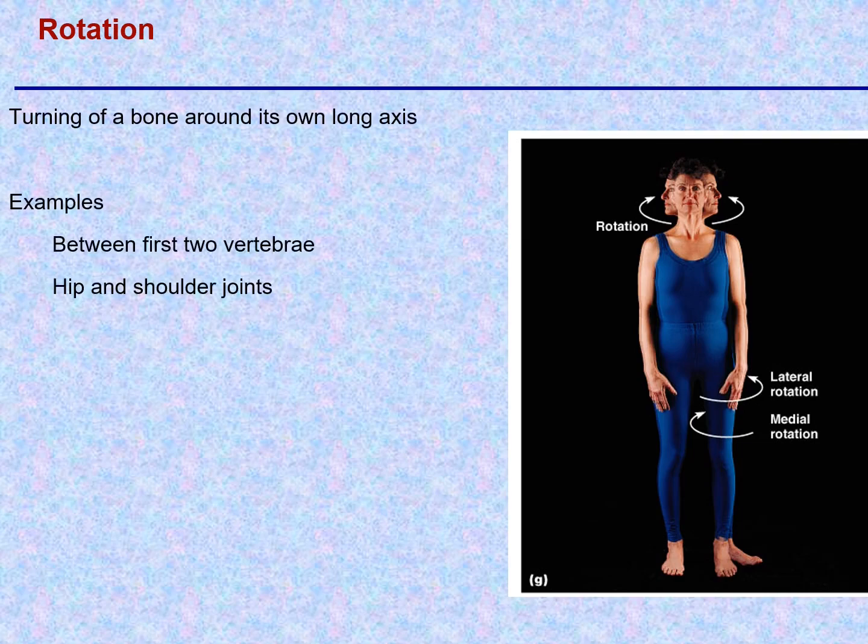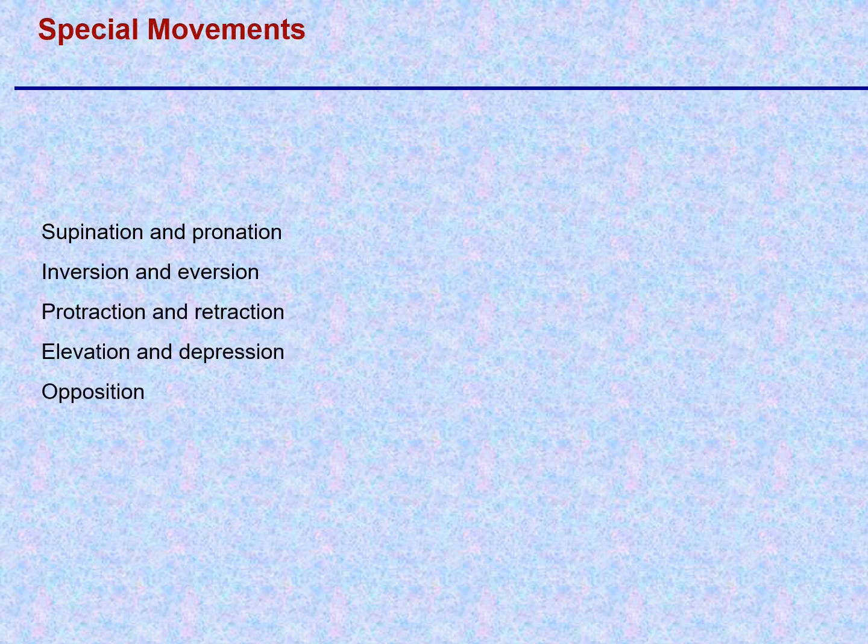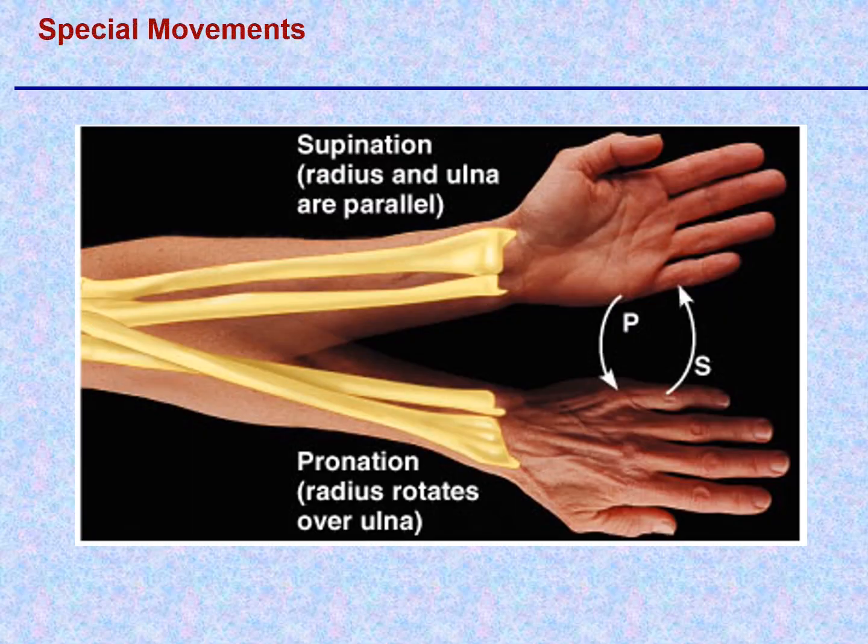There are all kinds of movements. Here's rotation, special movements, supination, pronation. All of these I will not ask you. However, you should just go through them so you have some familiarity, that you have exposed yourself to these.